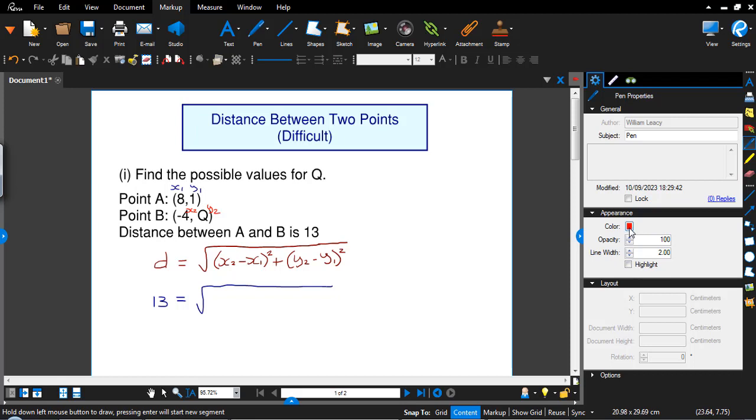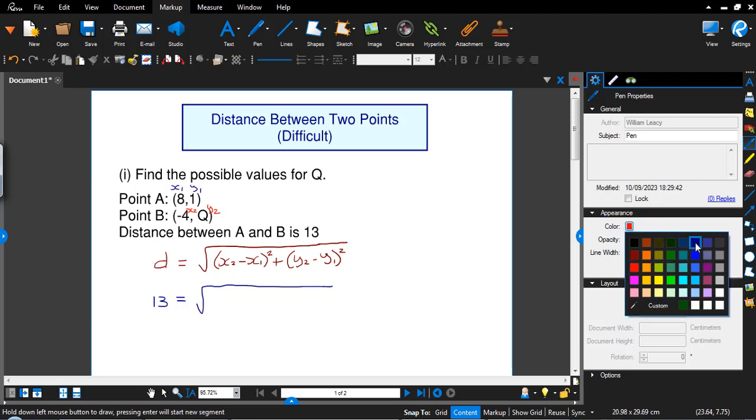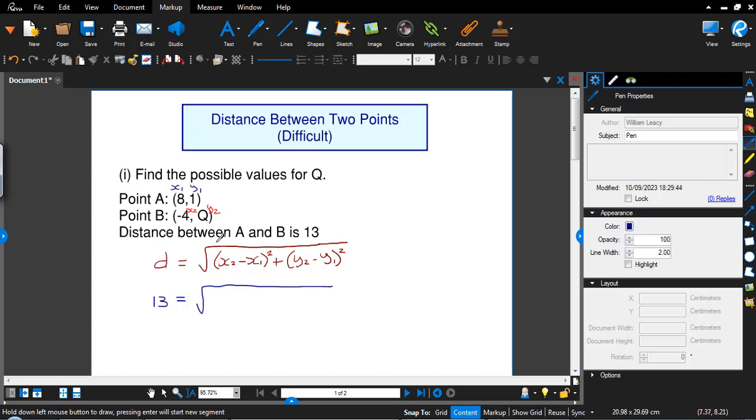So x2 minus x1 is minus 4 minus 8, minus 4, we have our minus 8 squared, plus y2 minus y1. y2 is q and y1 is 1, so it's q minus 1 squared.